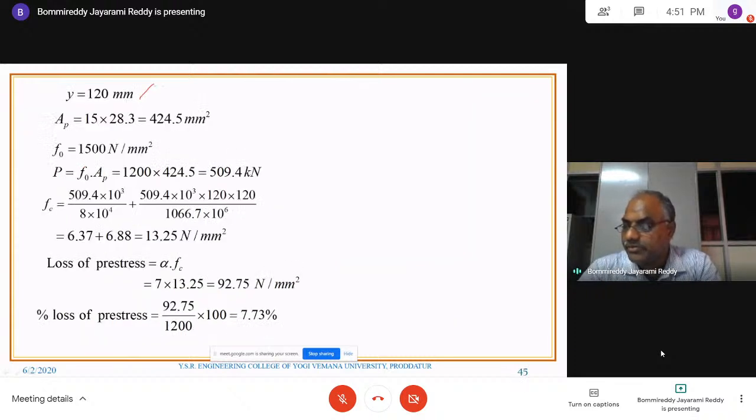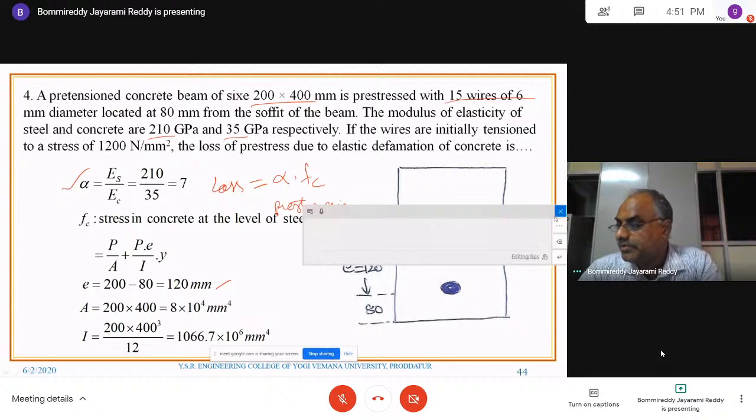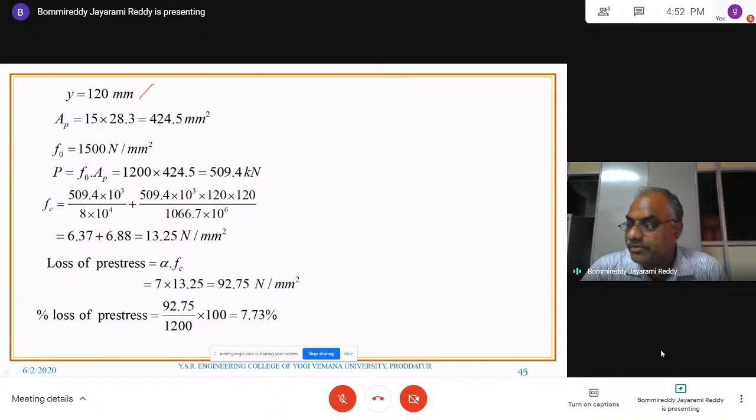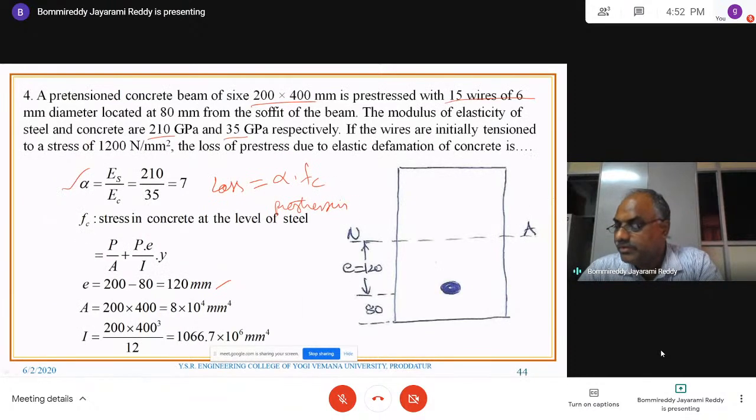Y is also 120. And area of the pre-stressing cable, 15 wires are there, each of 6 mm dia. It is given along with the question. So total area of the pre-stressing cable is 15 into that. And the initial pre-stress is given in the question.